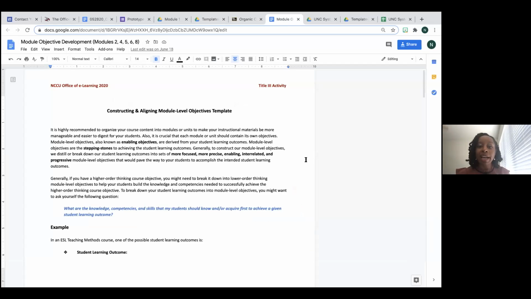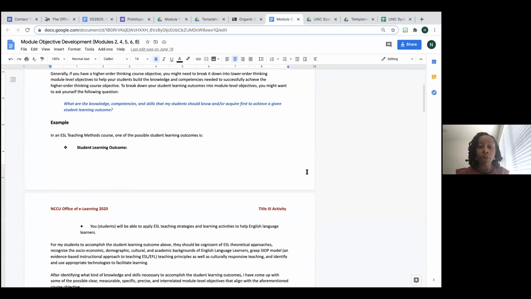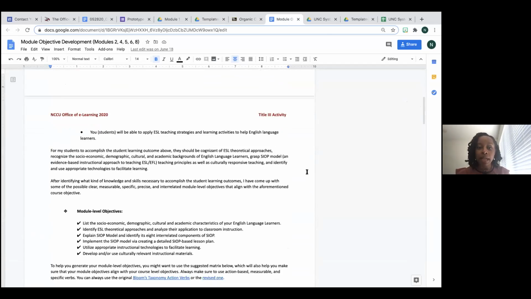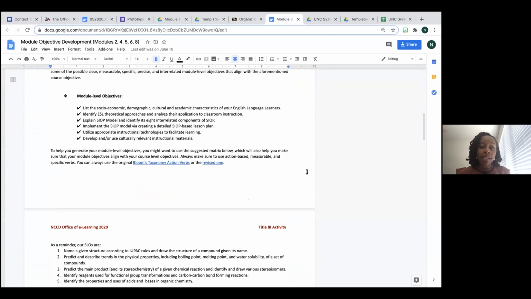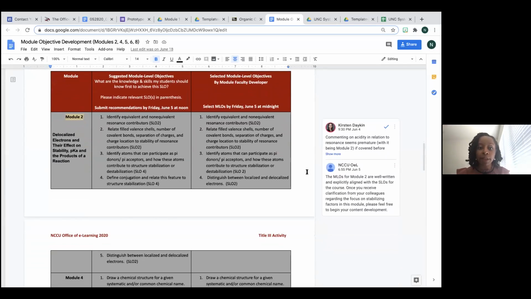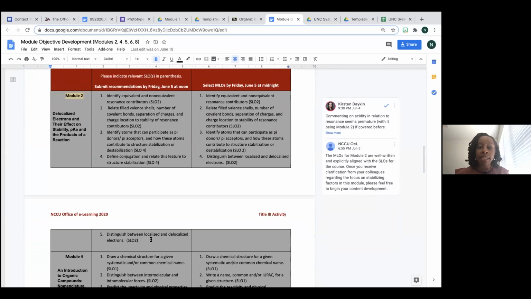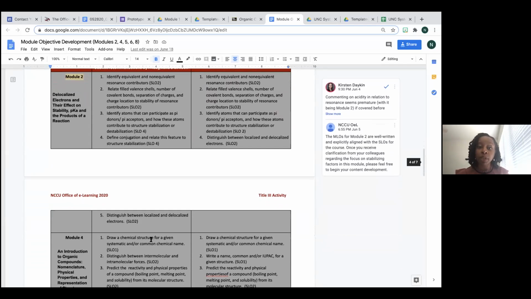And what happened after that is we went about developing the remaining 10 modules, and we focused on 5 modules at a time. We spent 2 weeks on each of those 5 modules. Each faculty expert was responsible for a specific module, but each person was able to suggest and recommend MLOs for the 5 modules being addressed in that 2-week period.